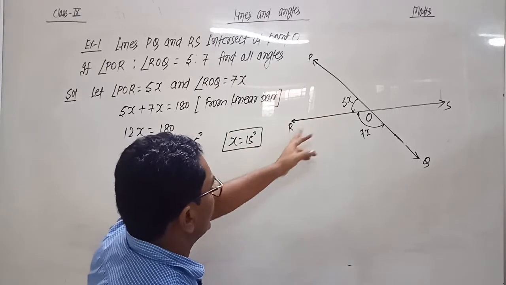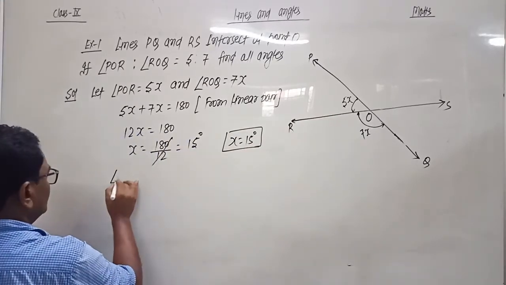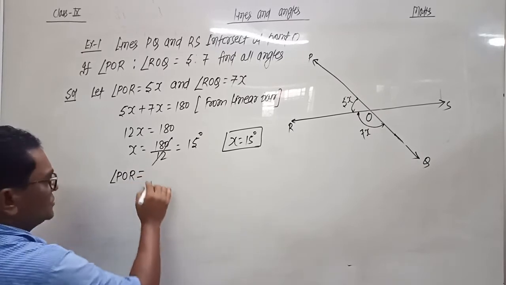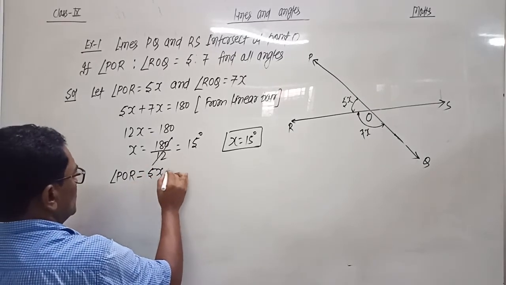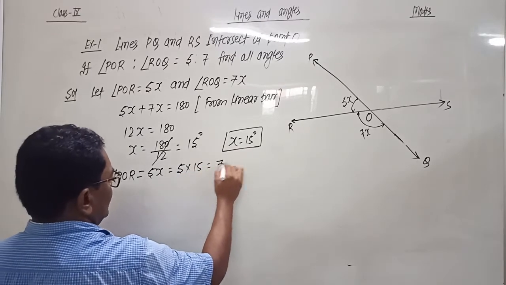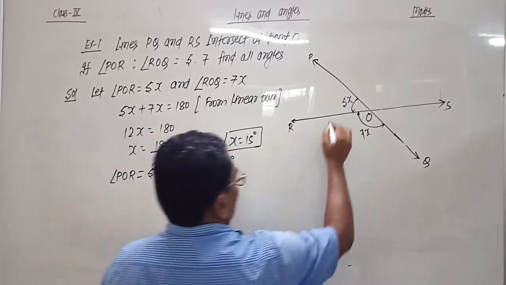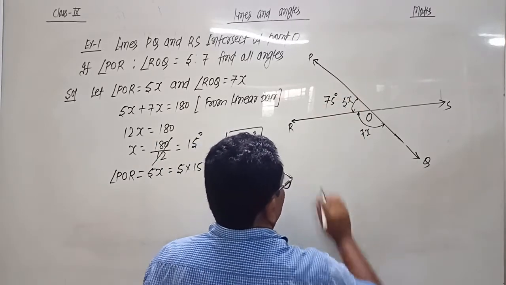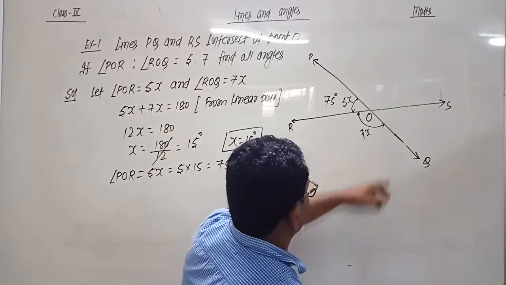Now we find angle POR. Angle POR, we have supposed 5x and put the value of x. So 5 into 15, 75 degrees. So 5x means this angle comes to be 75 degrees and we find 7x.